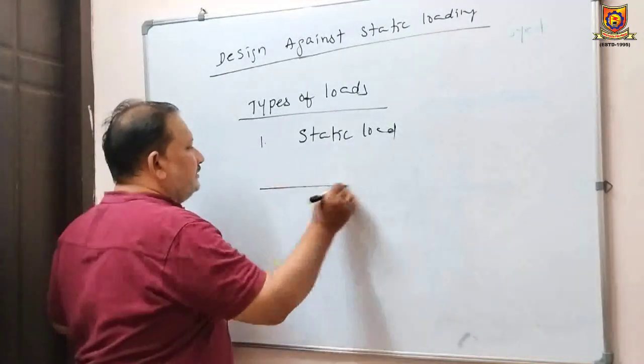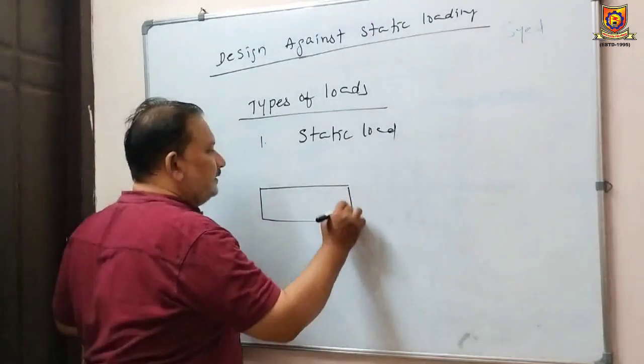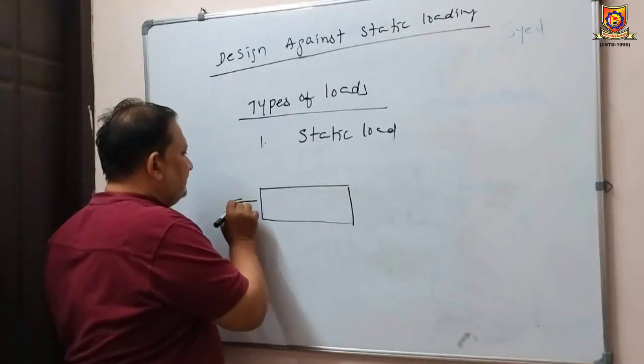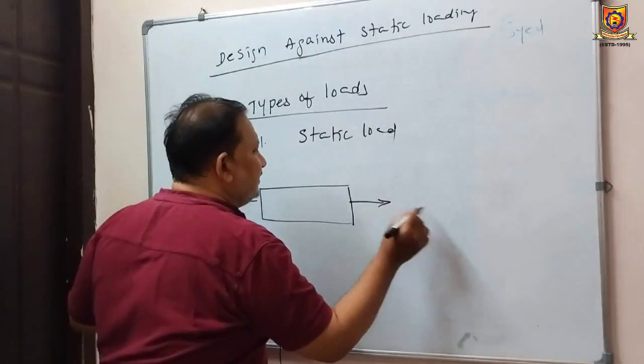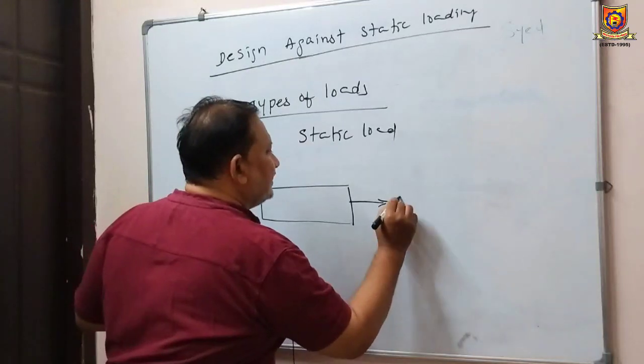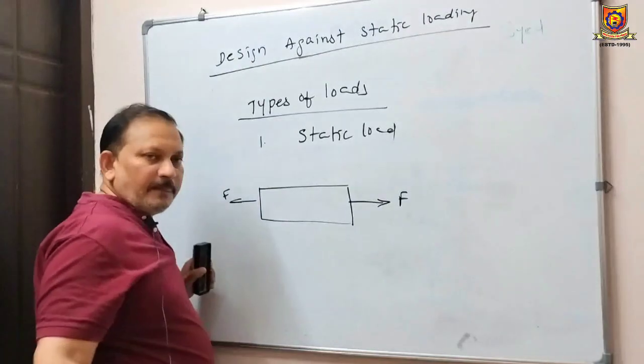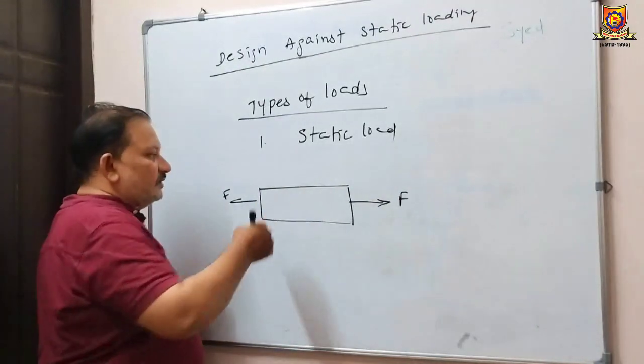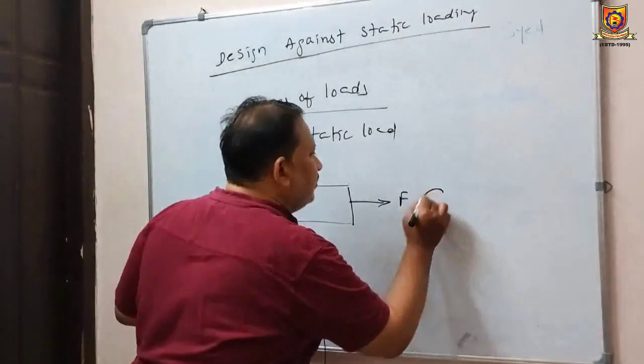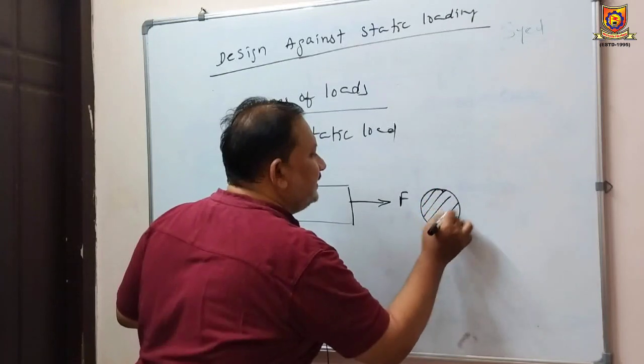I am going to give a simple example. This is a machine component which is subjected to axial load. Some force F is acting. Let us say it is a circular bar whose diameter is D.